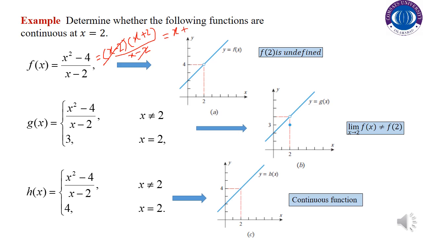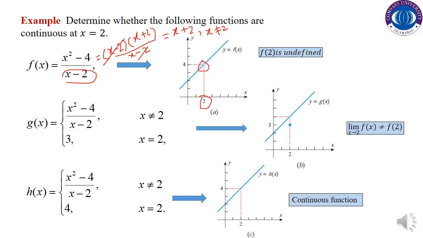But there is a condition that x is not equal to 2, because in the denominator we have x minus 2. So this function is not defined at x equal to 2. Now look at this graph. The function has no value at 2.